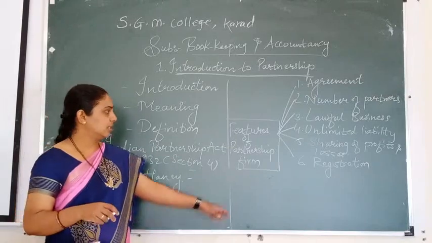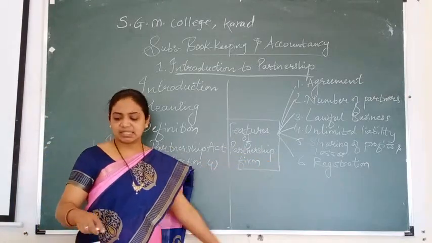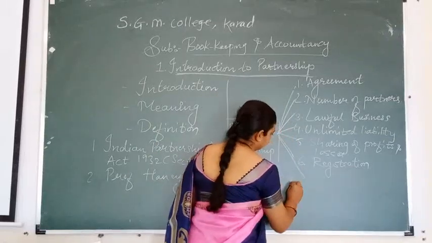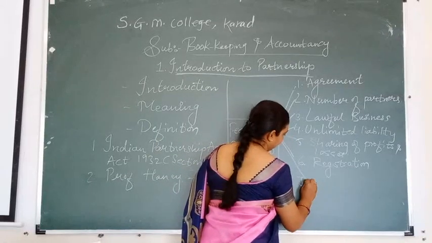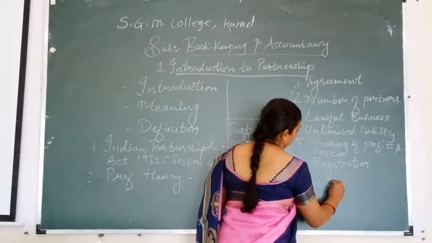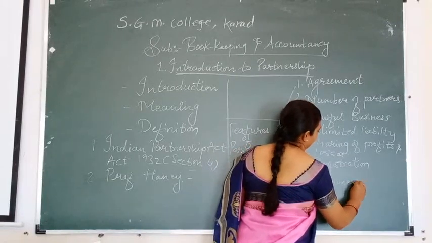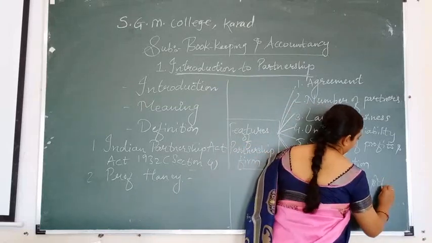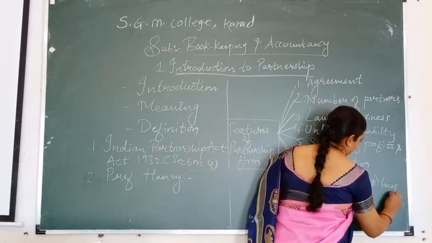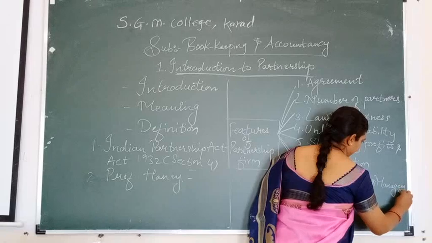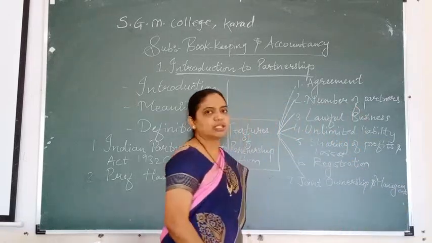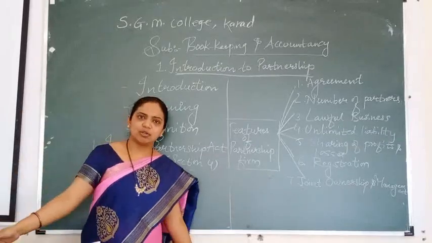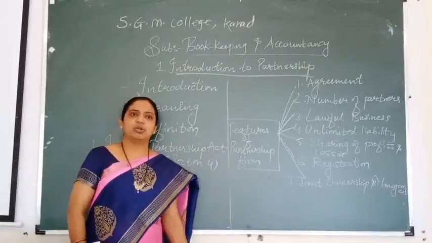Then the next point, number 7, is joint ownership and management. When you know that liability is joint and several, obviously ownership is also joint.